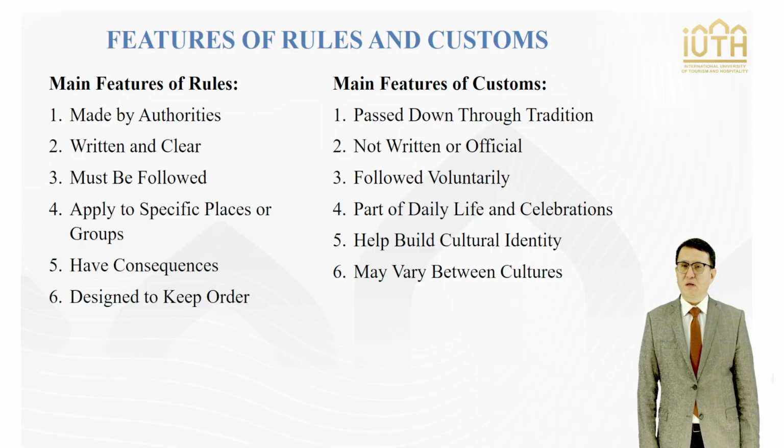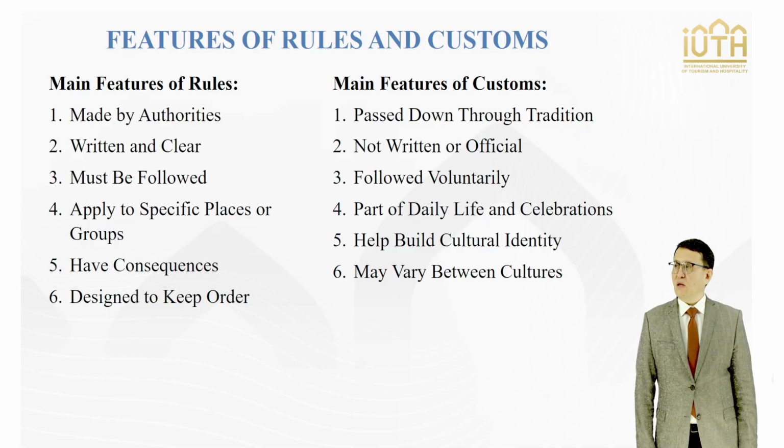Written and clear, the second one: rules are usually written down and clearly explained so people know what is expected. The third one, must be followed: people are expected to obey rules. Not following them can lead to consequences or punishments.